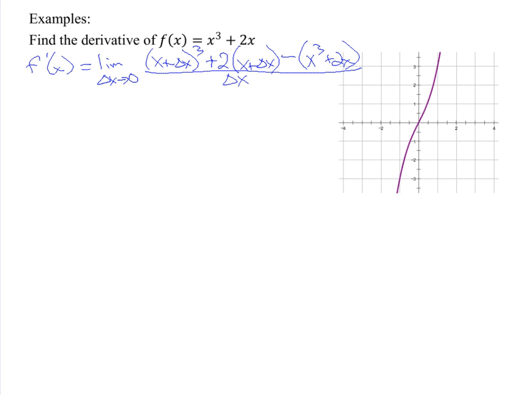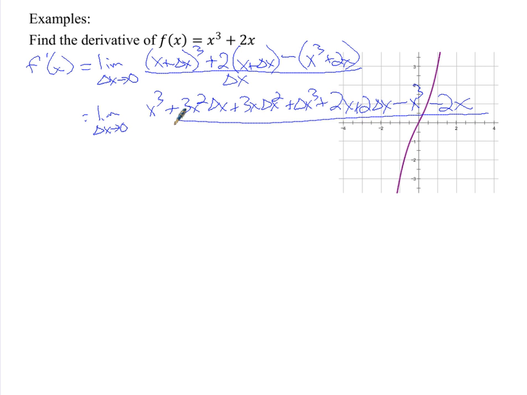All right, so now that we know what the x plus delta x cubed is, it follows Pascal's triangle, the pattern that we just talked about. We will write equals limit delta x approaches 0 of that, plus this guy now, 2x plus 2 delta x, minus this guy, so minus x to the third minus 2x.